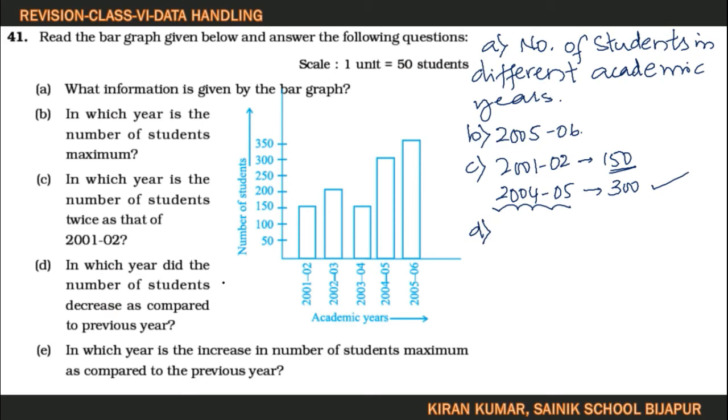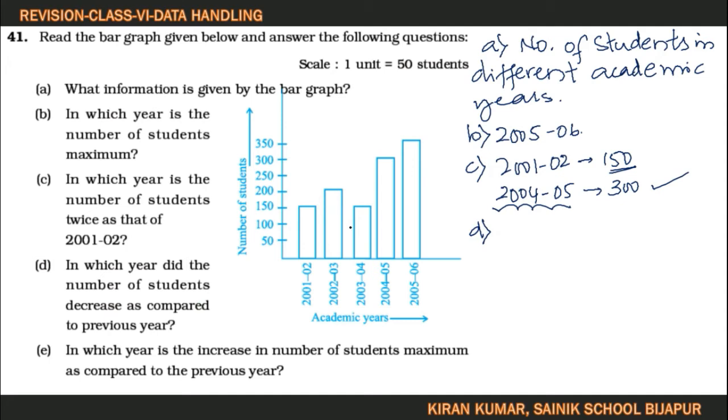Fourth question, in which year did the number of students decrease as compared to previous year? Here in the 2003 to 2004, the number of students is decreased compared to previous year.